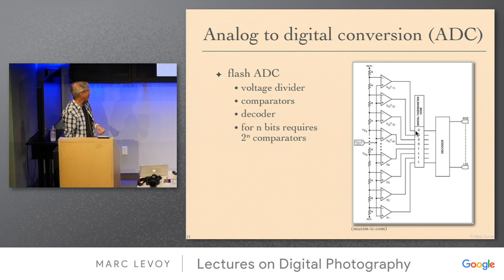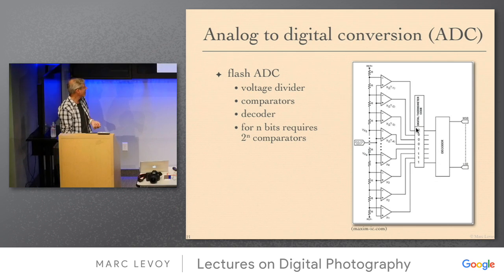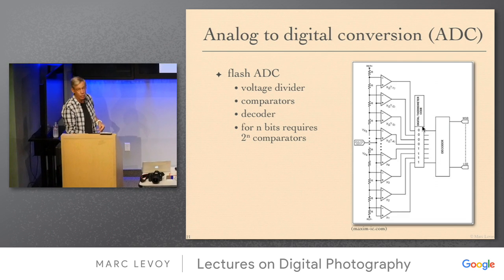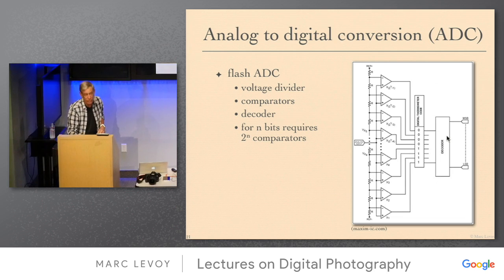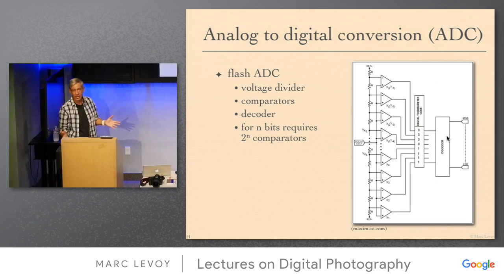That outputs either a 0, saying the voltage was greater than the input, or a 1, saying the input was greater than the voltage on the ladder. In this case, it'd be 100 ones and 156 zeros if the incoming level were 2 volts, which would be the 100th step. Then that goes into a decoder, which turns it into the typical binary number. It's as simple as that.